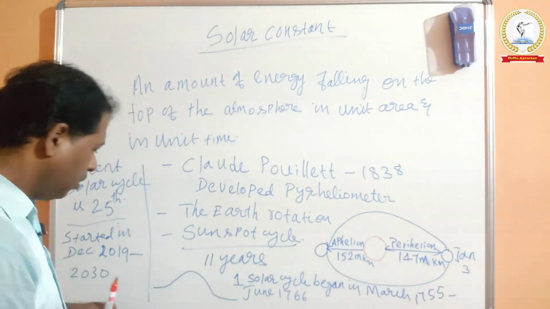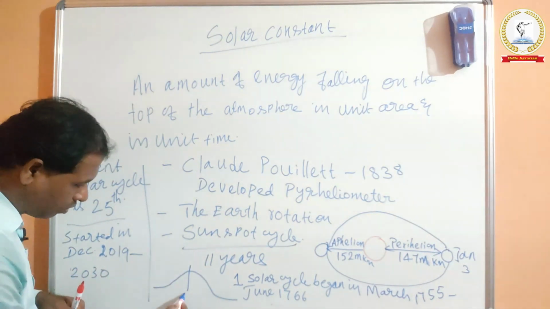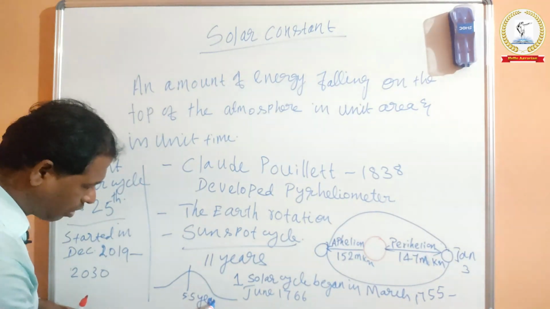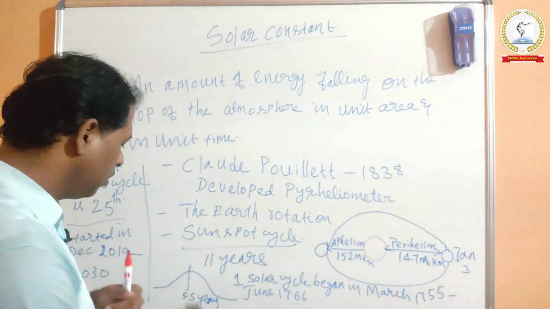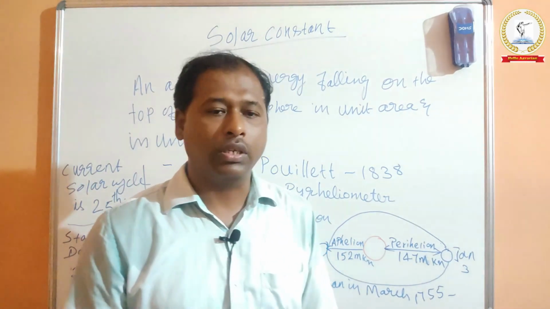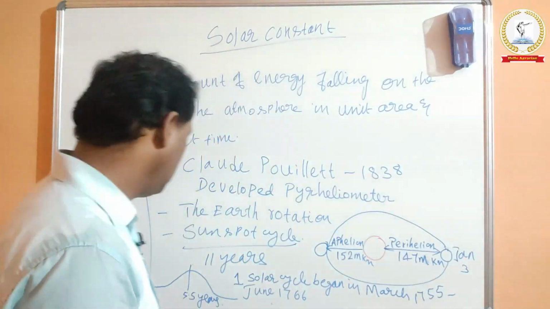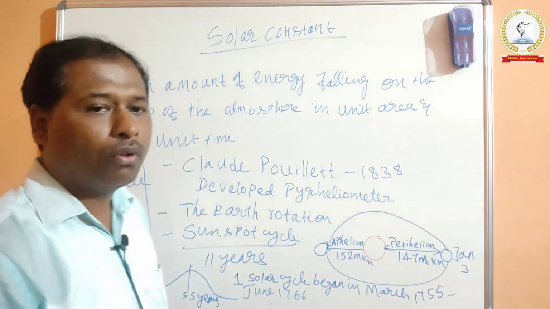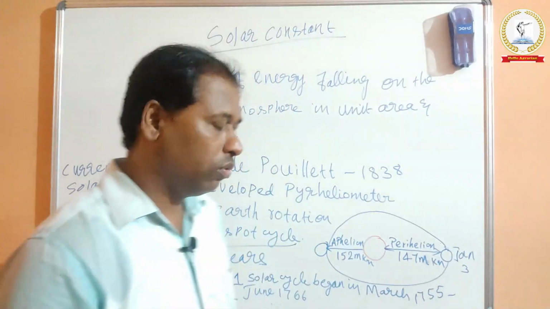Okay, so around 5.5 years of the solar cycle it goes to peak, then it declines the emission power. Okay, so because of this also the solar constant value varies. So there are two factors.